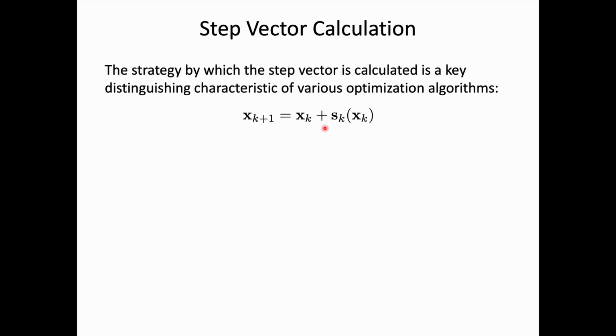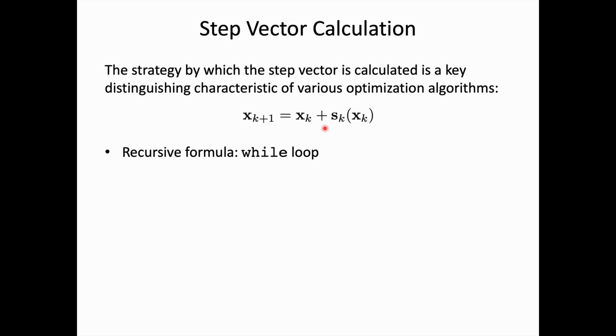The step vector calculation is one of the primary distinguishing characteristics of different optimization algorithms. The way we calculate this vector, which could have quite largely varying levels of complexity, is what distinguishes many of the different algorithms we're going to be learning about in this class.